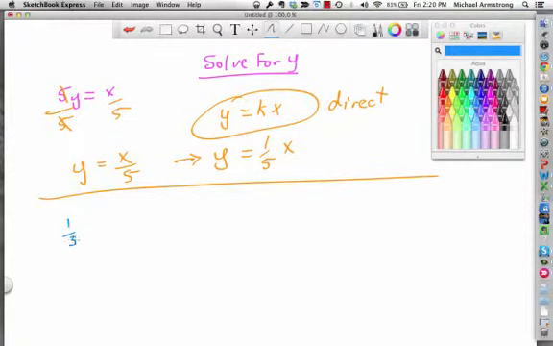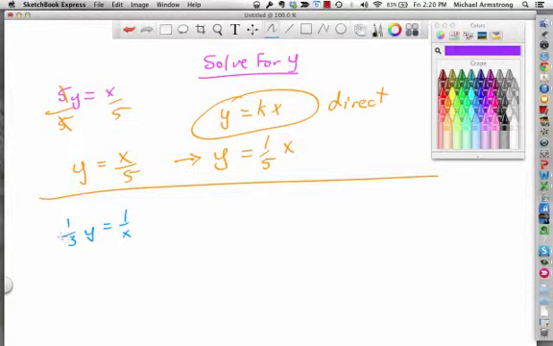Okay, the next example is 1/3 y equals 1 over x. To simplify this, we're going to have to get rid of the 1/3 to get y by itself. Again, we're solving for y.